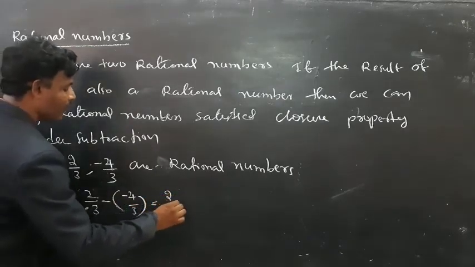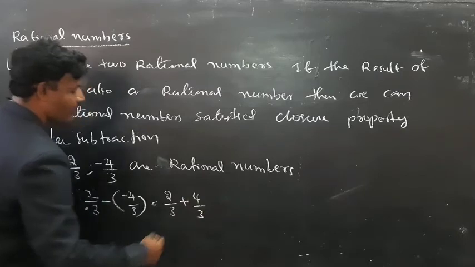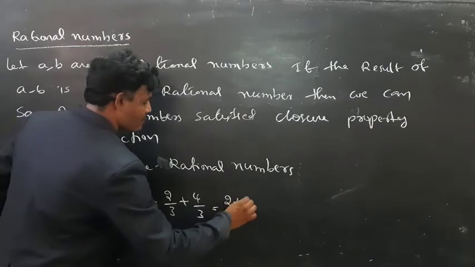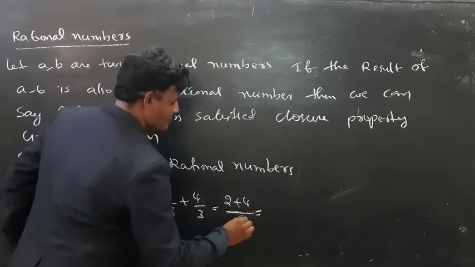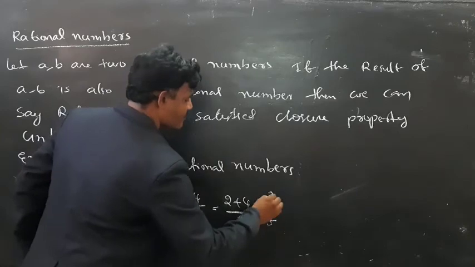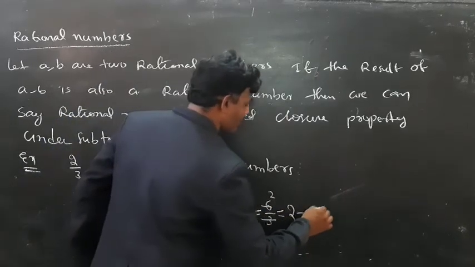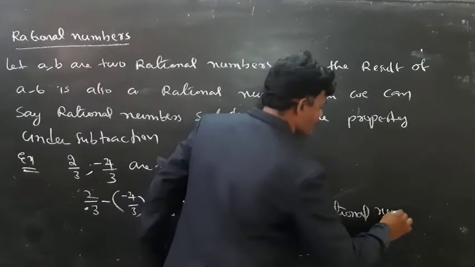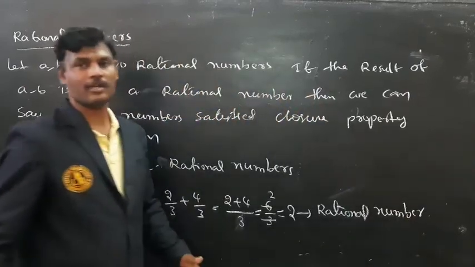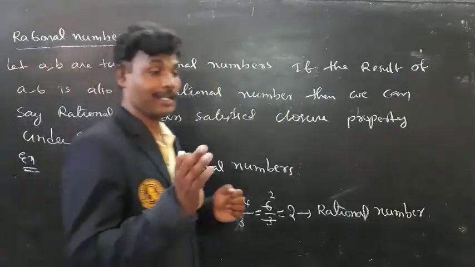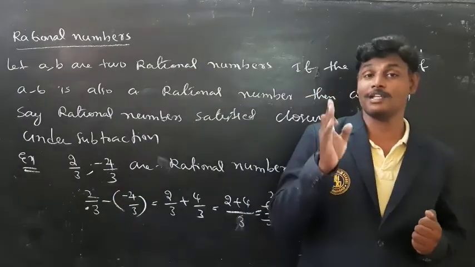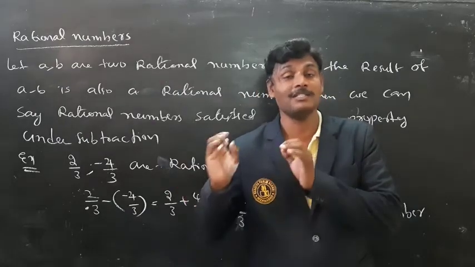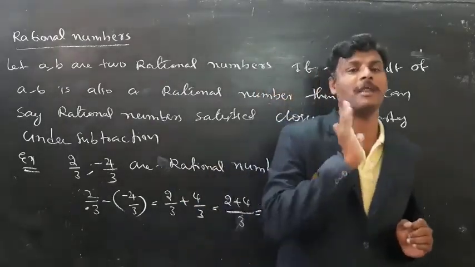It is nothing but 2 by 3 plus 4 by 3. 2 by 3 and 4 by 3 both are like fractions. So here 2 is also a rational number. Here what is the condition? Let A comma B be two rational numbers. If the result of A minus B is also a rational number, then we can say rational numbers satisfied closure property under subtraction.